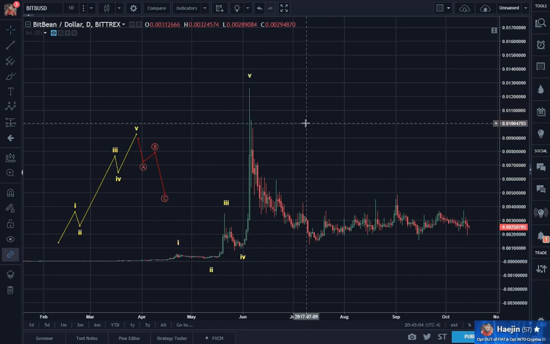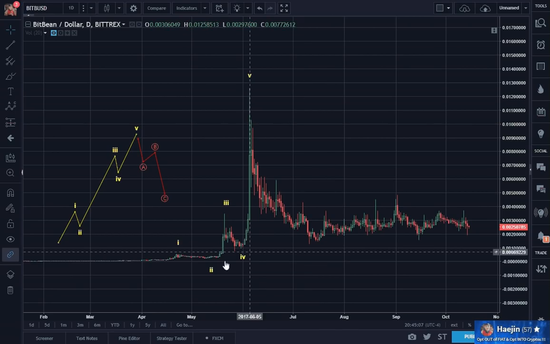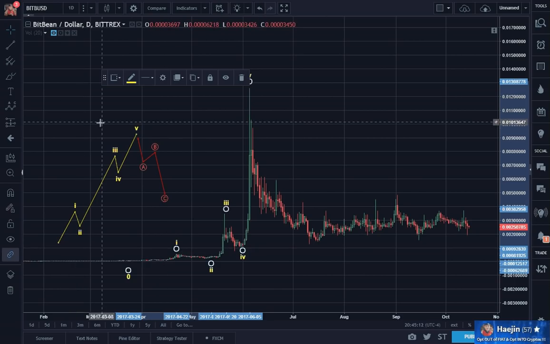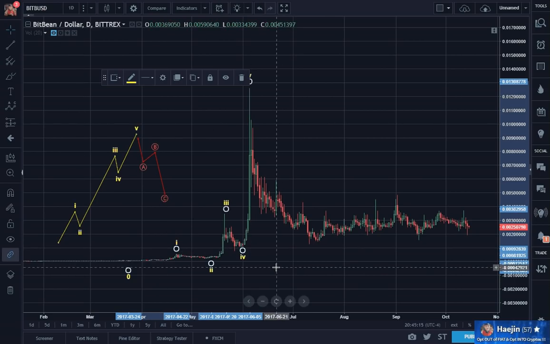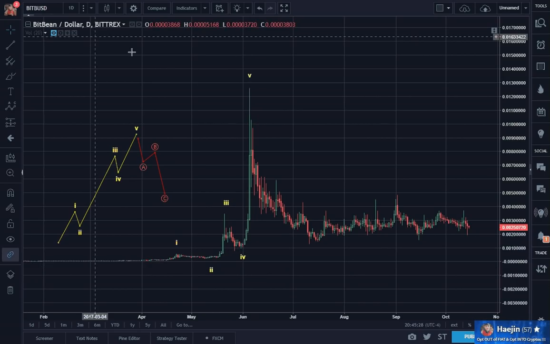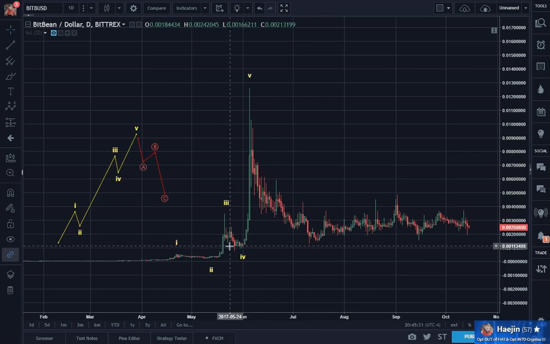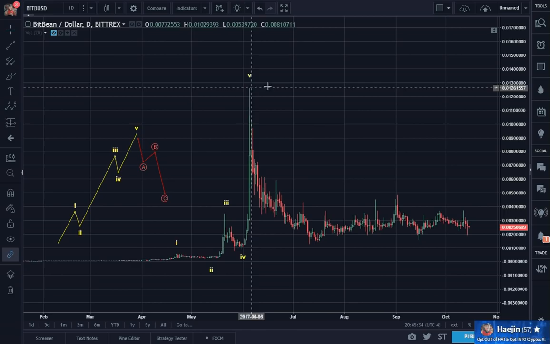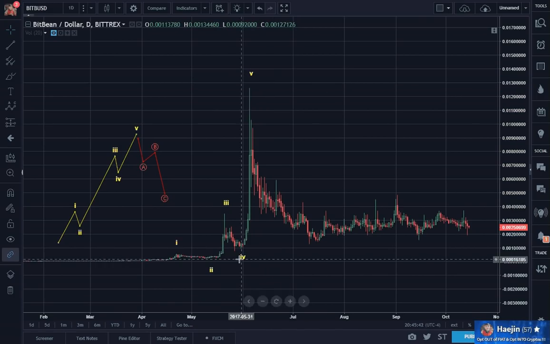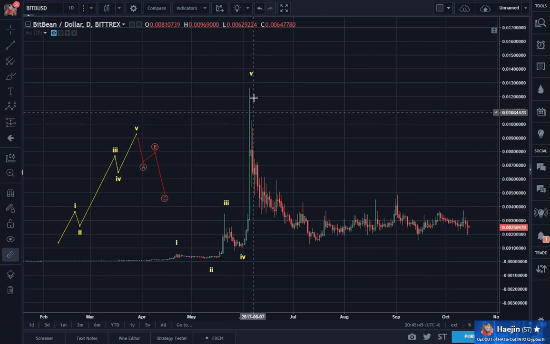The more I have been counting cryptos, because I have been Elliott wave counting equities for quite a while, and then when I started doing cryptos, I started noticing certain unique personality features, and that is cryptos like BitBean, ETH, ZEC have a very strong propensity to extend their fifth waves like this phenomenally. And it goes near vertical almost always. Near vertical.